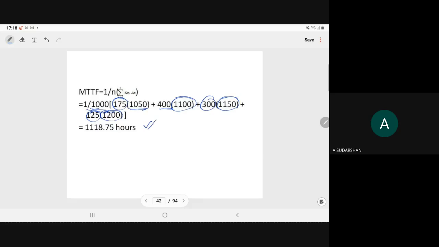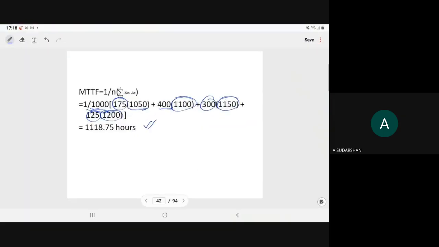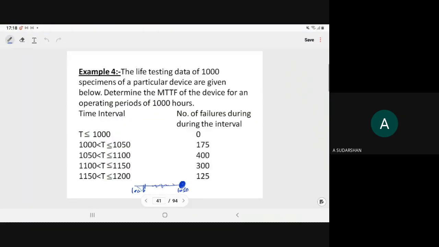So it will come to 118.75 hours. Clear? Again, I am saying that all these 175 devices fail up to the time 1050, all 400 devices fail up to the time 1100, all 300 devices fail up to the time 1150, and all 125 devices fail up to the time 1200.